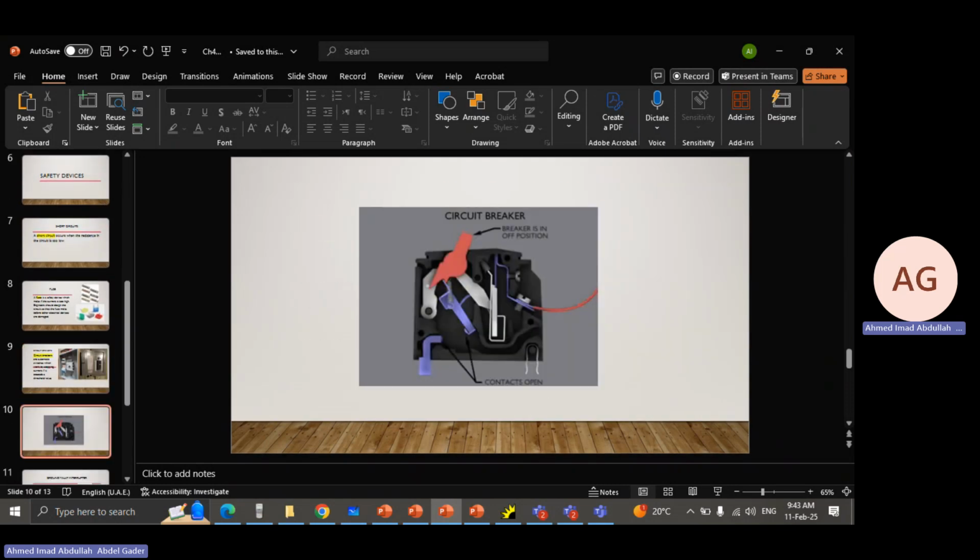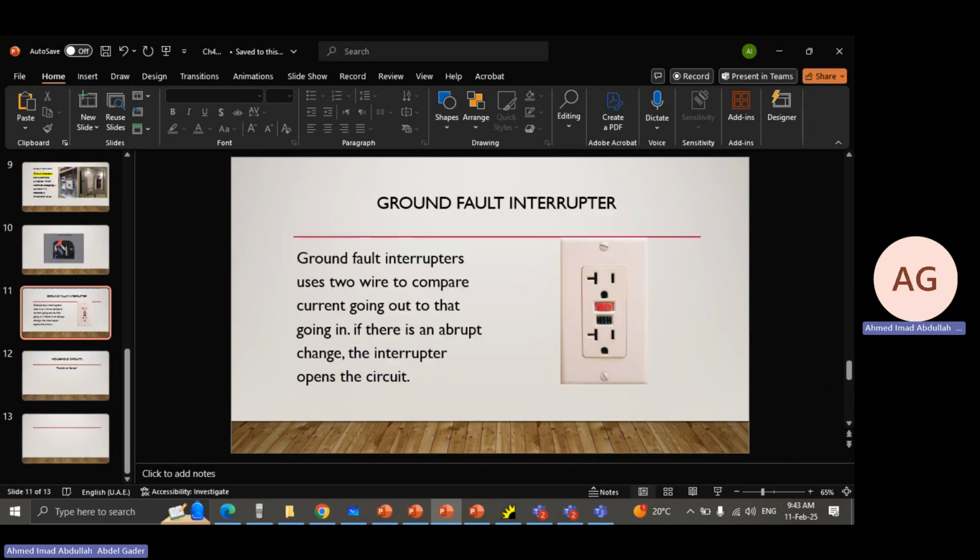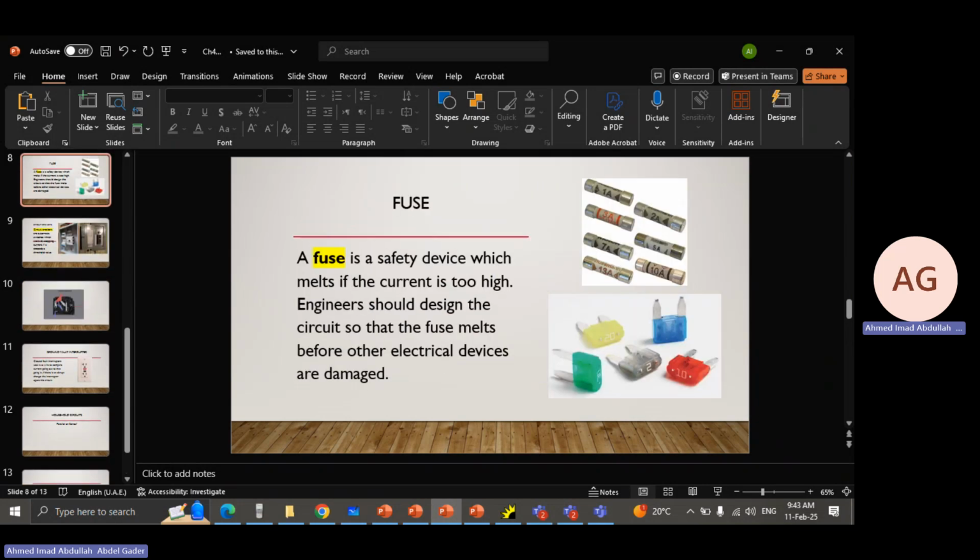Safety devices. There are three safety devices we will look at very quickly. If the current going through a line, let's say we have a fuse over here, and the rating of the fuse is 3 amps. The moment the current of this line exceeds 3 amps, the fuse will melt, opening the circuit.